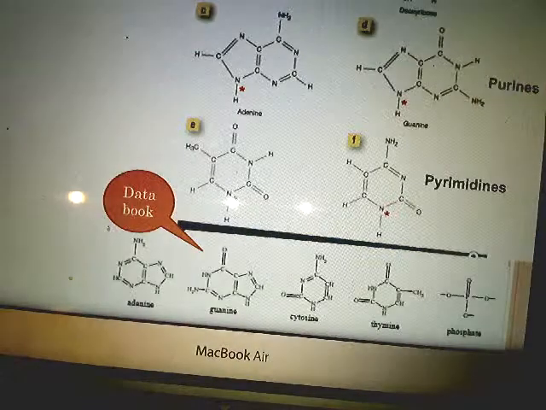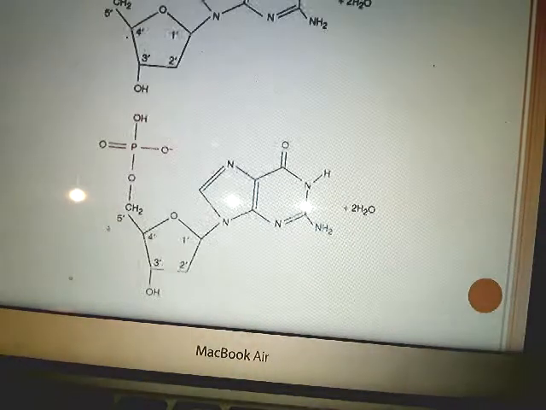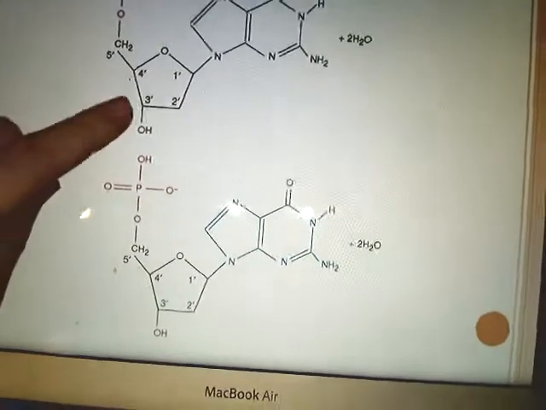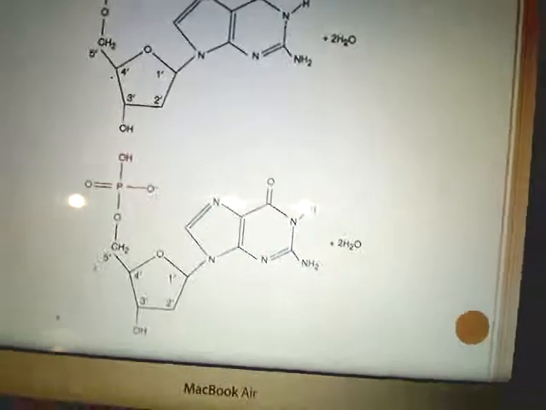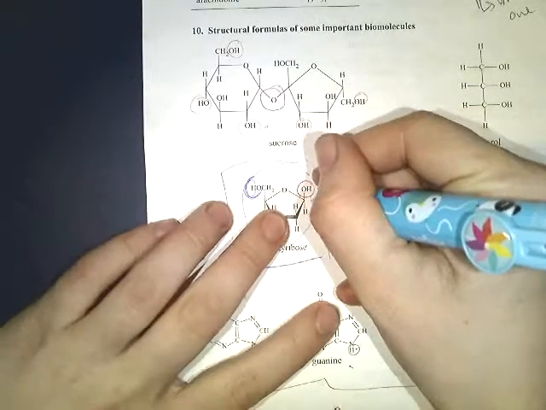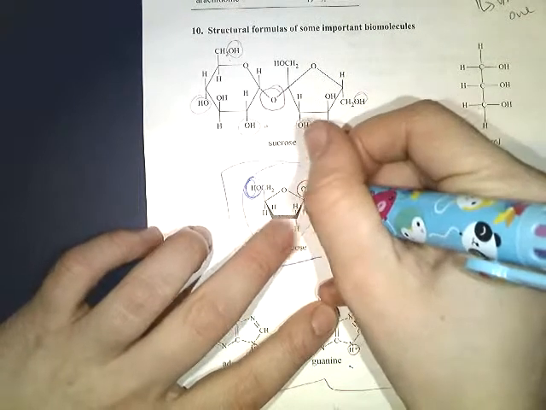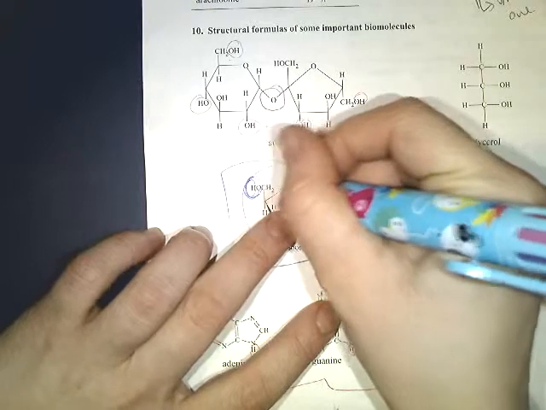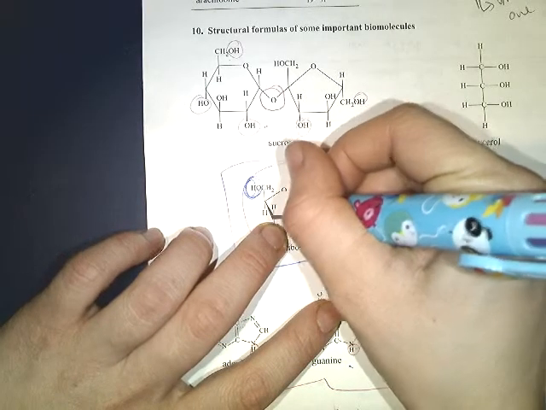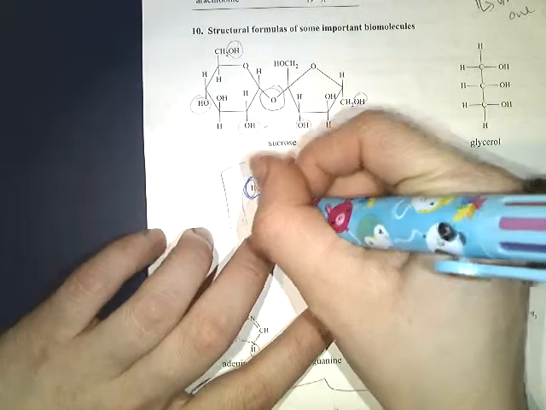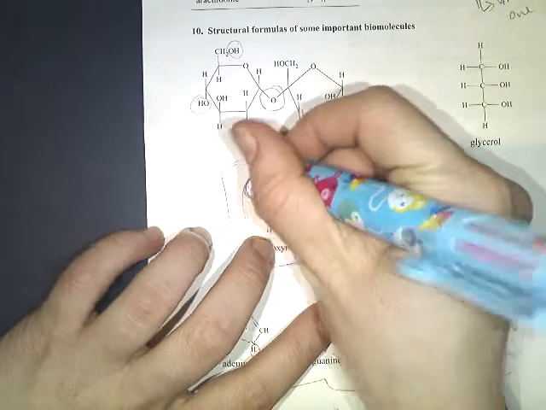Then when we put the monomers together, if we numbered this, we would number this closest to the OH, which is bonded near the ether. So 1, 2, 3, 4, 5.